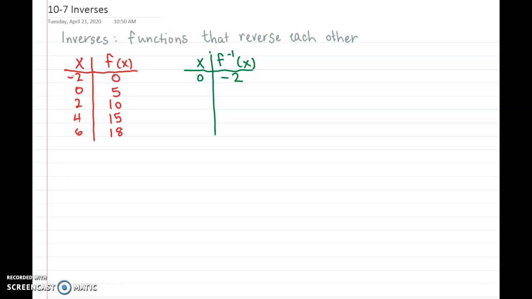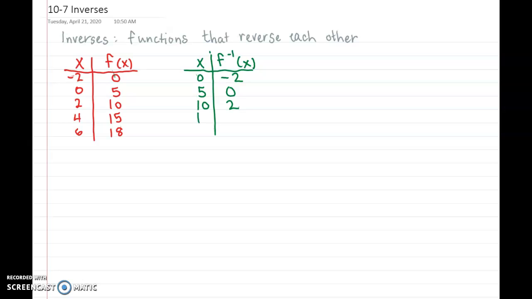If my input in the function is 0, my output is 5, that means if my input for the inverse is 5, my output had better be 0. If my input for the function is 2, my output should be 10. That means if my input for the inverse is 10, my output should be 2.